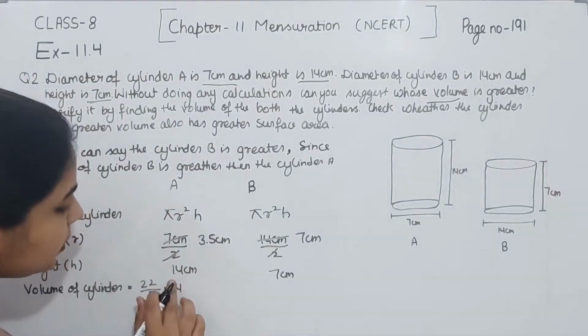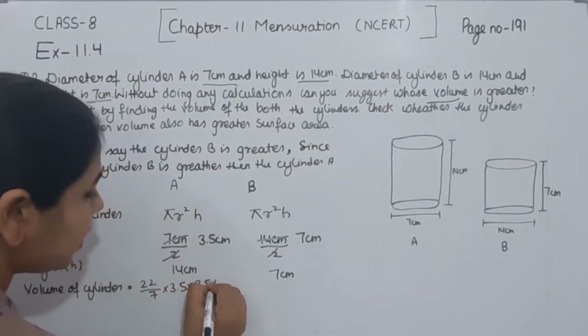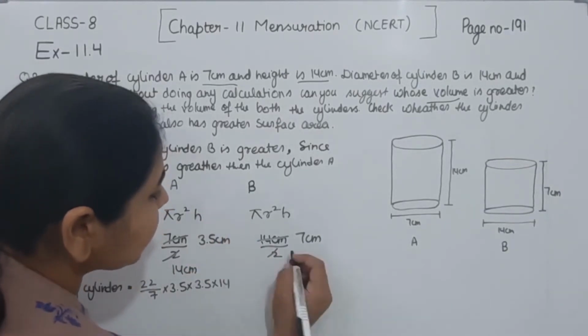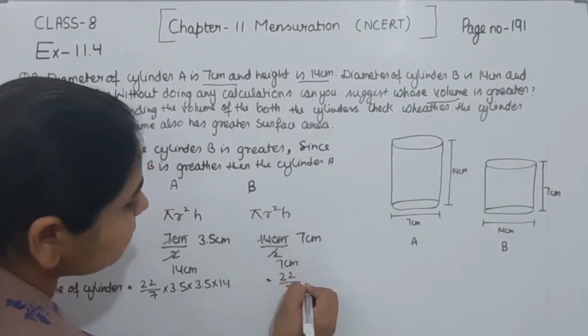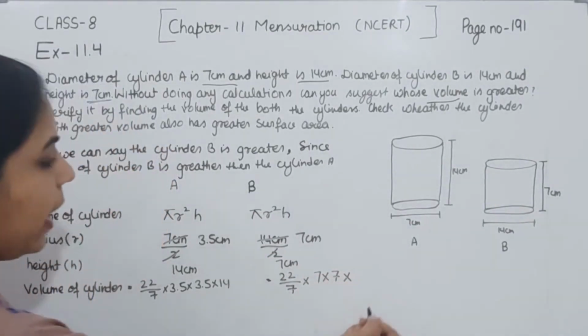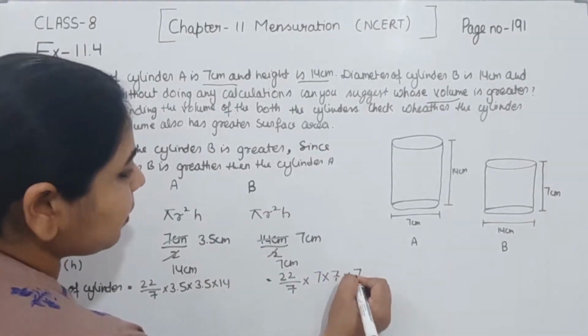For A the radius is 3.5, so 3.5 multiplied by 3.5 multiplied by 14, the height. Now for B, this is the value of pi, the radius is 7 multiplied by 7 and the height is 7.